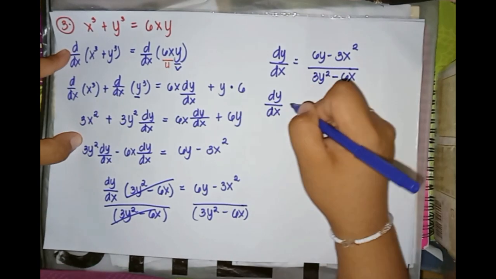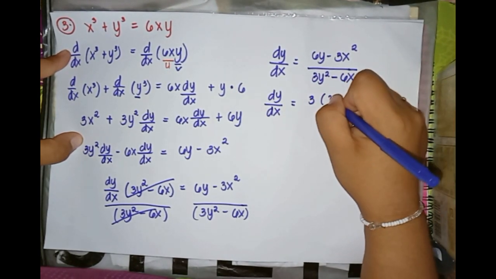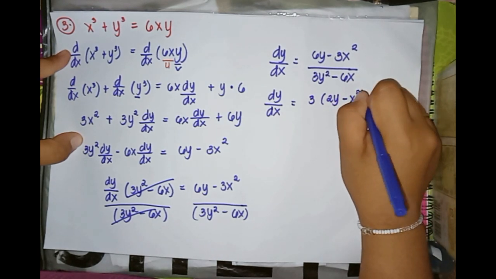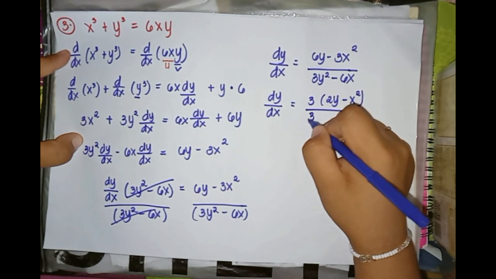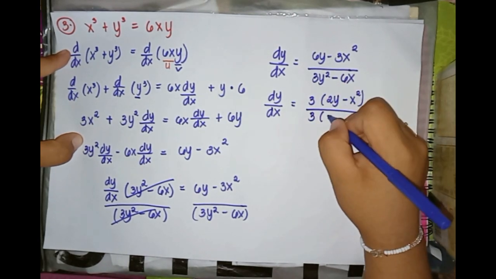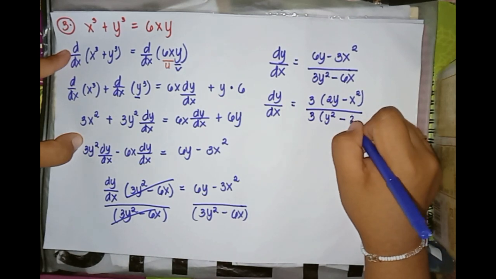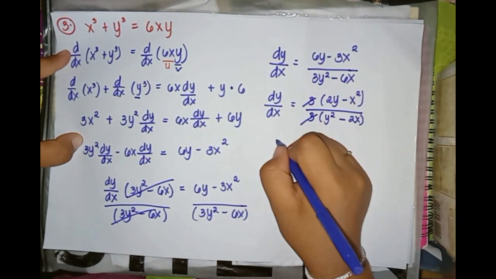So right now, let's factor out 3. So factoring out 3, we are left with 2y minus x squared. And factoring out 3 in the denominator, we are also left with y squared minus 2x. So let's cancel 3.